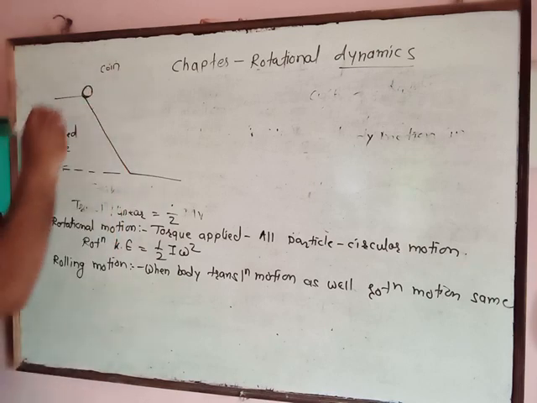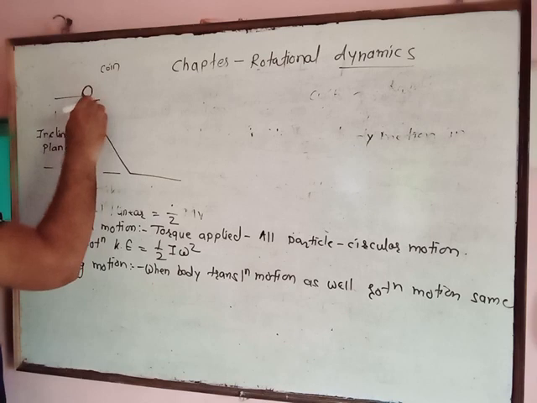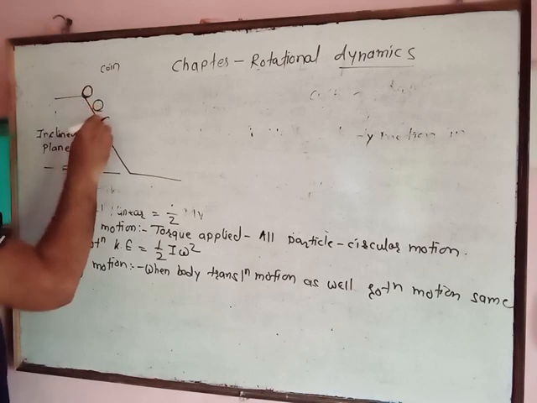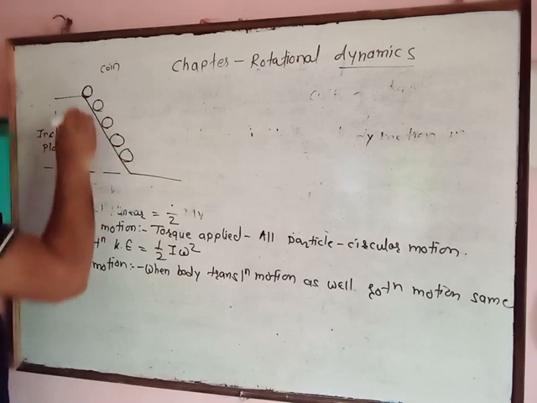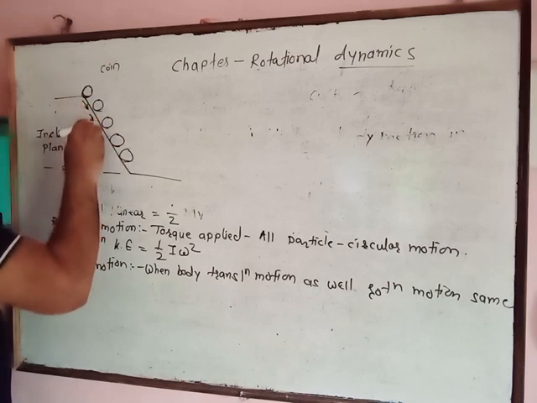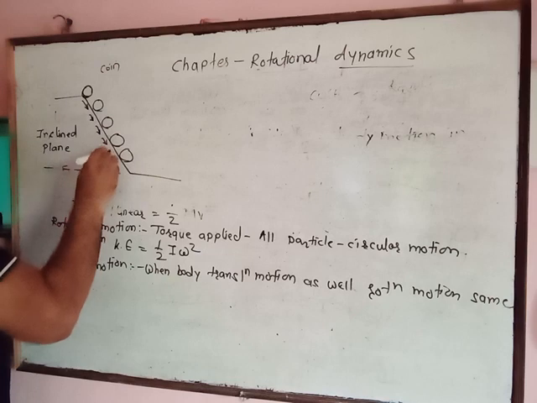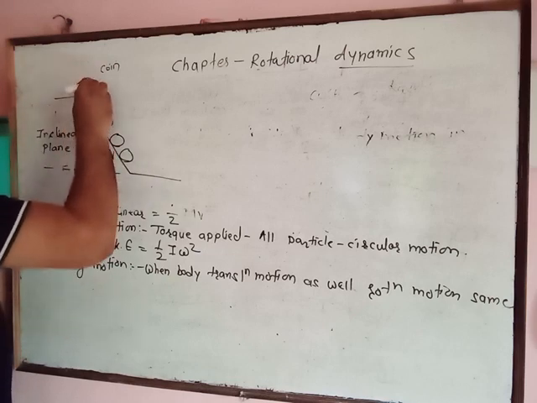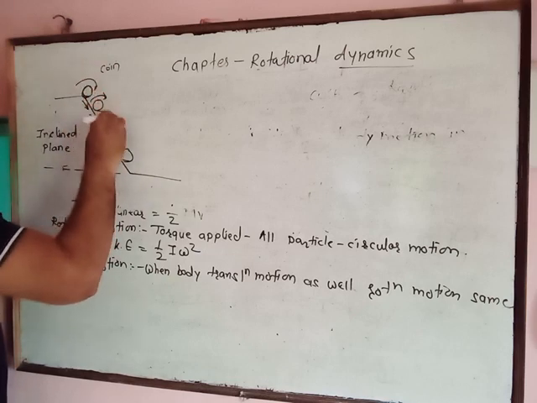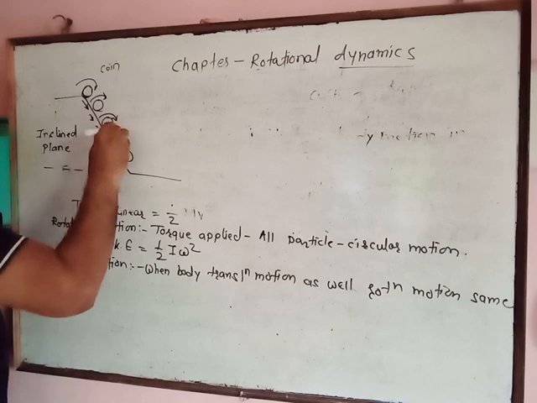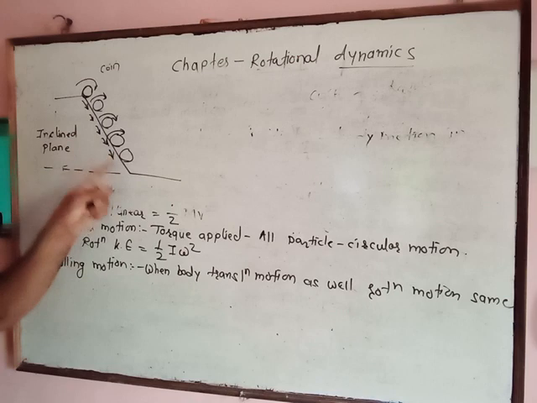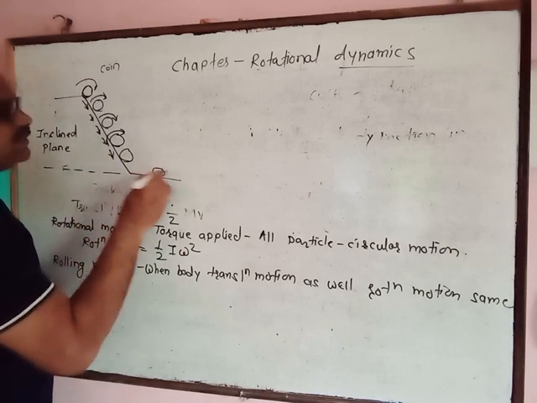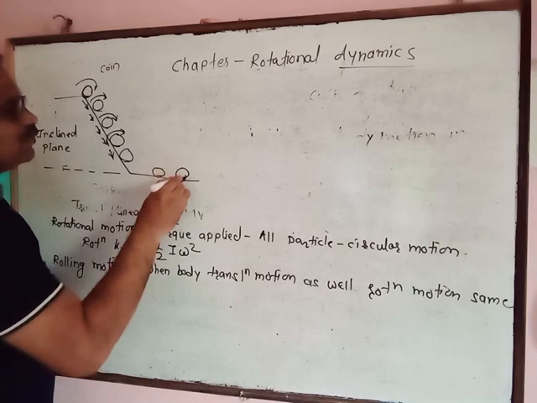When the coin is released from the top of the inclined plane, then we observe along this plane the coin performs translational motion as well as it also performs rotational motion. Here both types of motions are occurring at the same time. Therefore such motion is known as rolling motion.